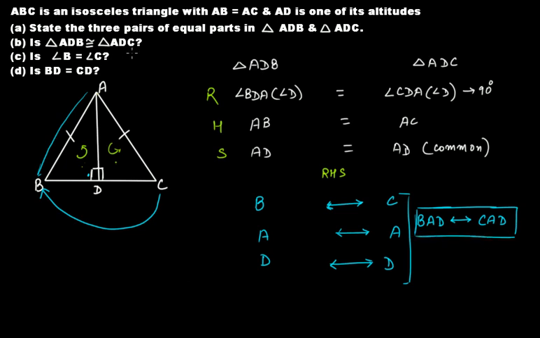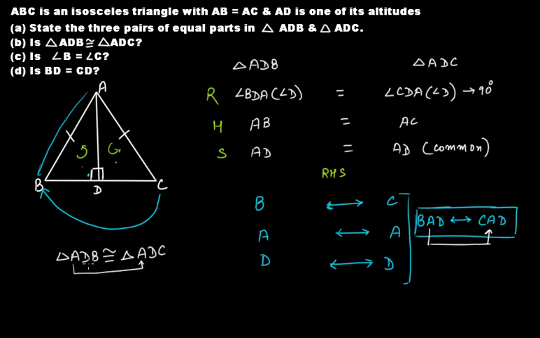Now take this one. It says triangle ADB is congruent to triangle ADC. Is it true or false? So ADB is congruent to ADC. So A and A are in correspondence. Yes, true.